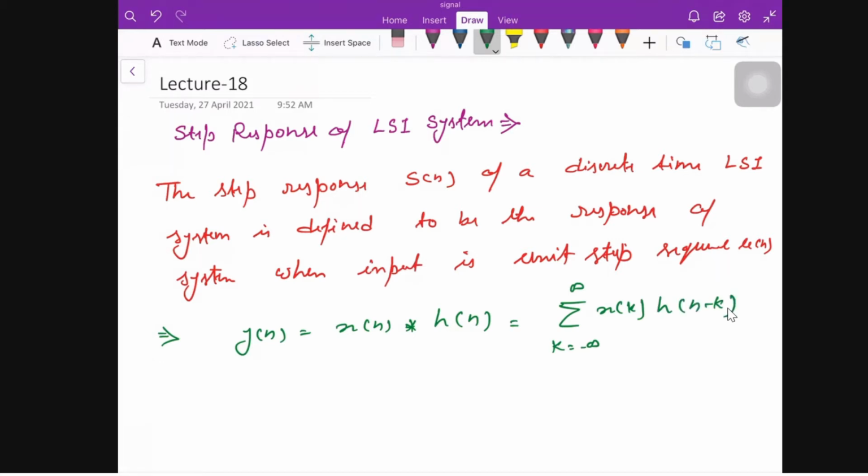Now in this condition, xk equal to uk, or xn equal to un. When you replace n with k, we can say the input is the unit step. So xk is the input and we put it as the unit step.